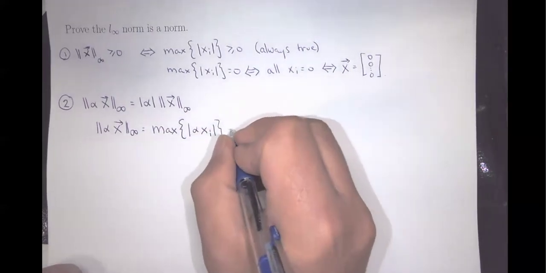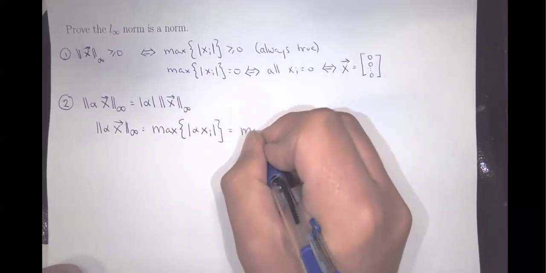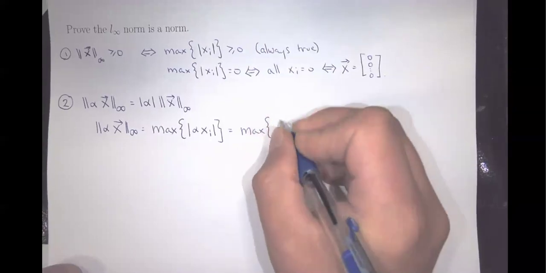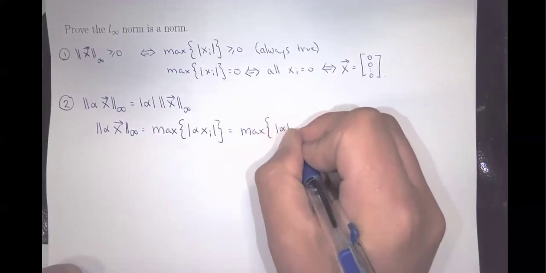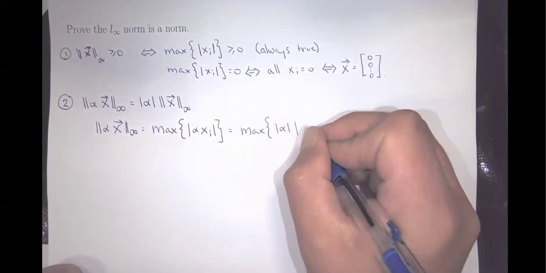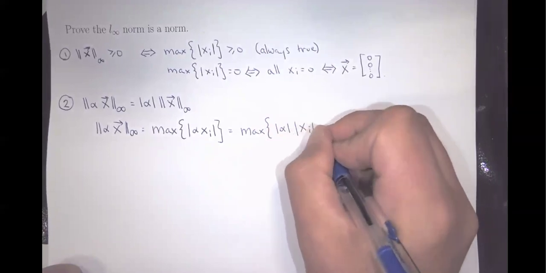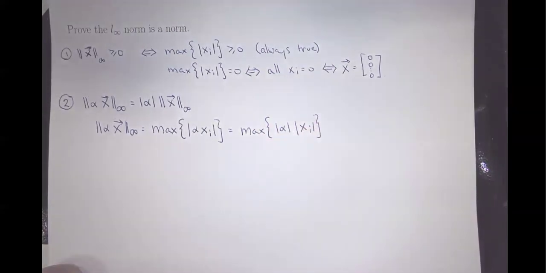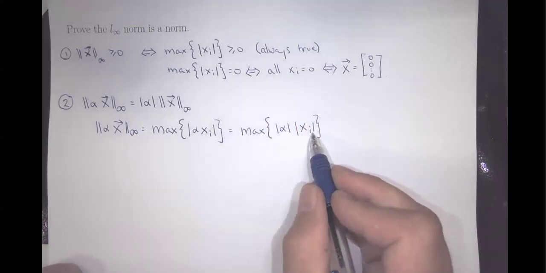Well, that maximum value is going to be equal to the absolute value of alpha times the absolute value of xi. Now, the alpha is just a scalar. It's the xi's that determine the maximum value.